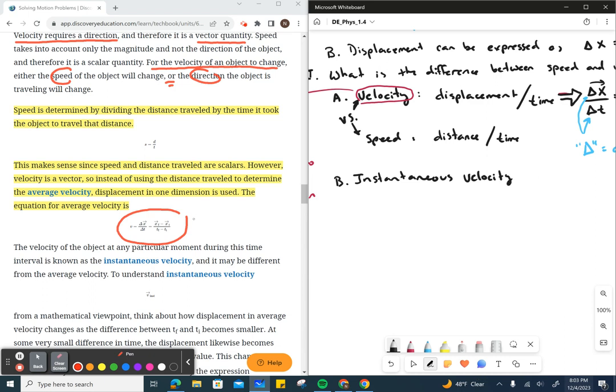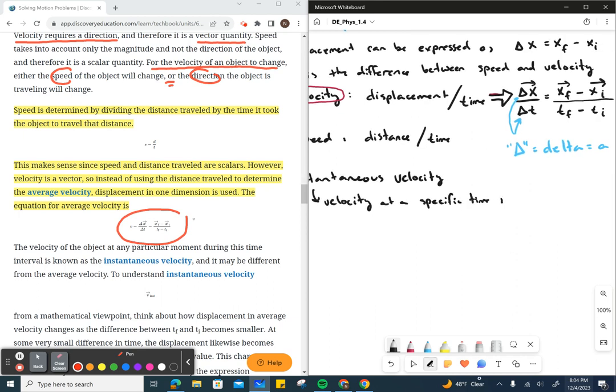Is at a specific time interval. The velocity at a specific time interval, at a specific time. Okay. All right. Make sure to click on those and get comfortable with those definitions, okay?